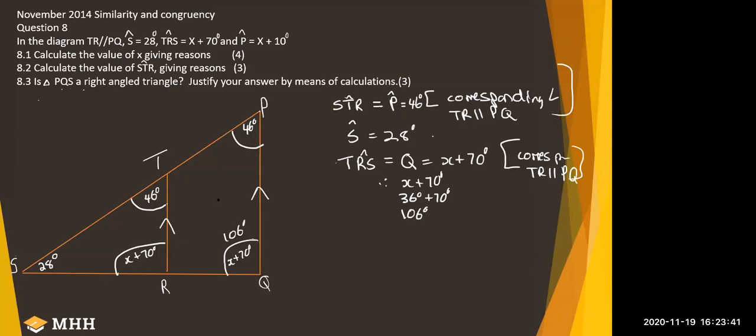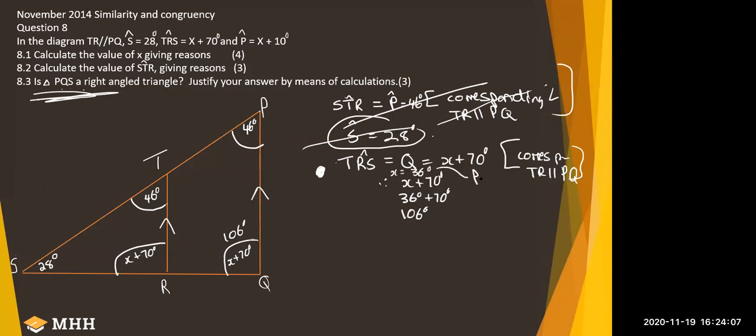Now for the last step, in order to prove whether it's a right angle triangle, what are, oh, I was stupid. This was unnecessary. This wasn't needed. What was only needed? Only this is needed. So I would just also squeeze in here that X is equal to 36 degrees.